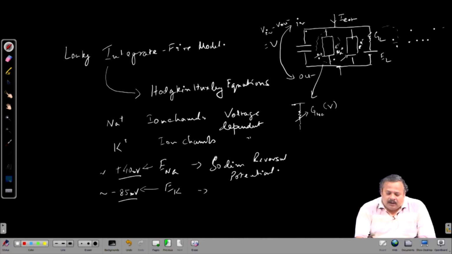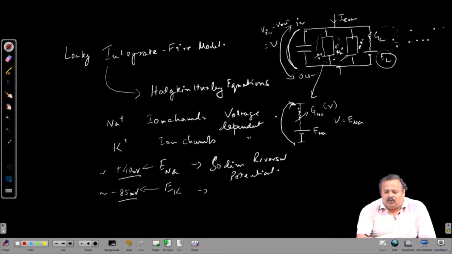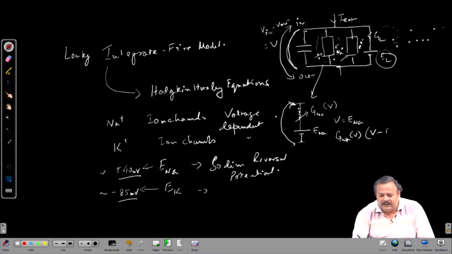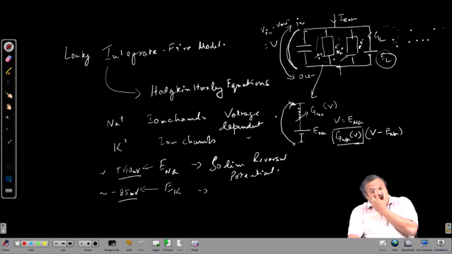Now, as we introduced the idea of EL earlier, similarly here we will have ENA, because if this voltage V across the membrane is equal to ENA, then there will be no flow of current through this branch, because the current through this branch is essentially GNA(V) times (V minus ENA), where GNA(V) is the sodium channel conductance as a function of voltage.